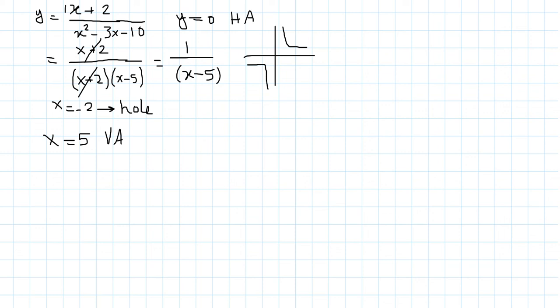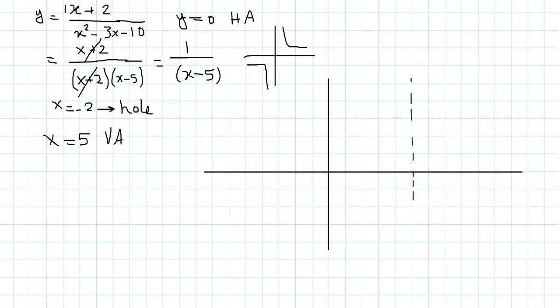Let's draw it. Okay, at first find the vertical and horizontal asymptote. So y equals 0 is my horizontal asymptote, and x equal 5 is my vertical asymptote. Okay, now I draw it, and I should be careful on x equal minus 2.